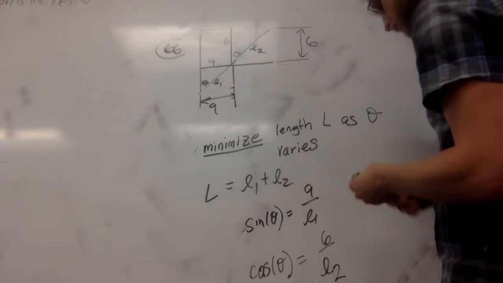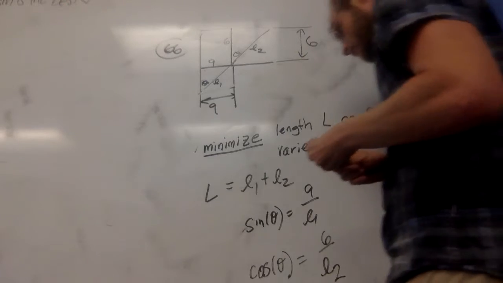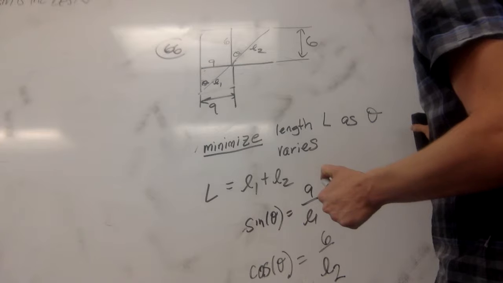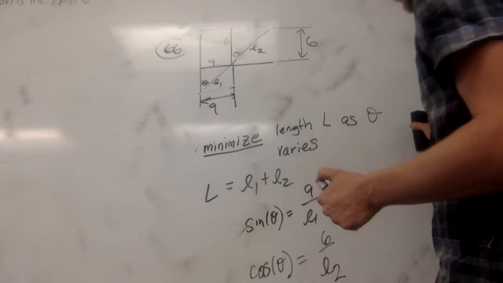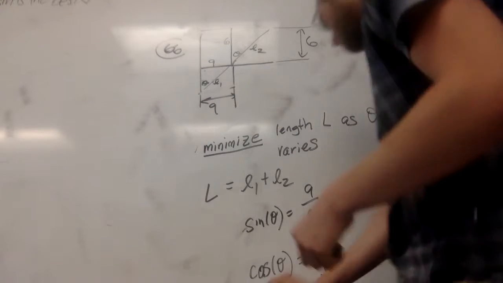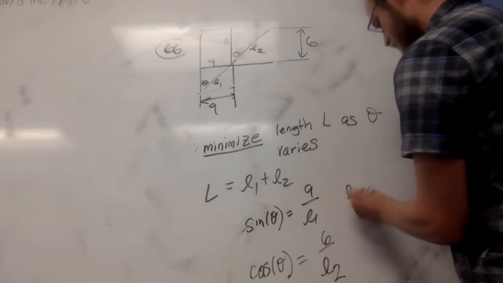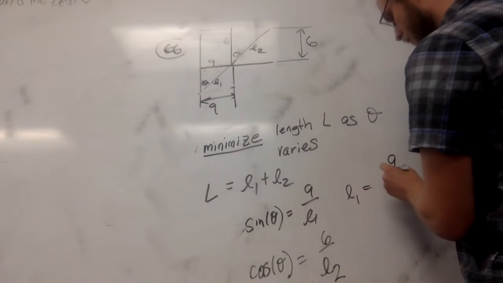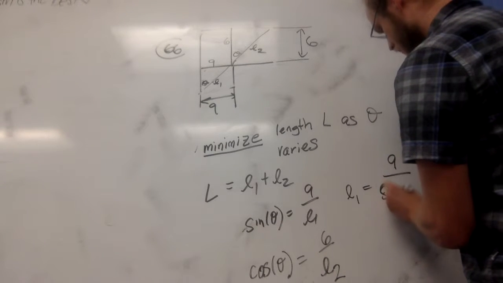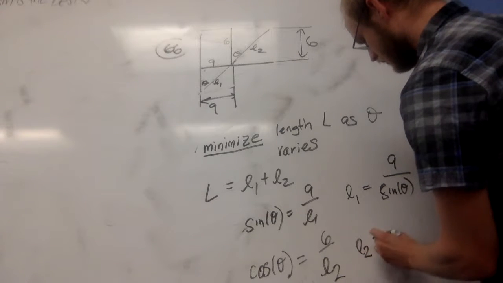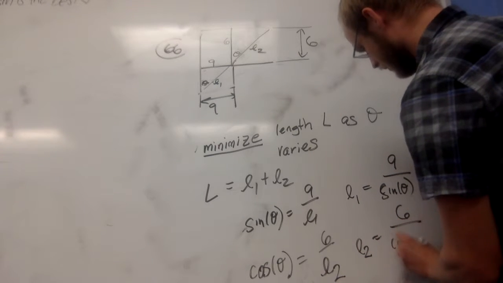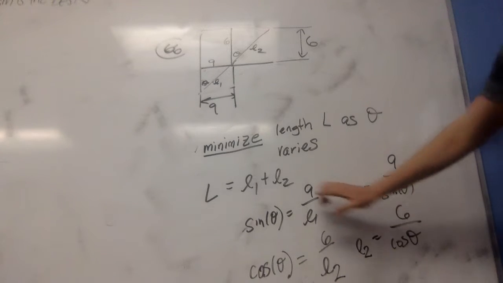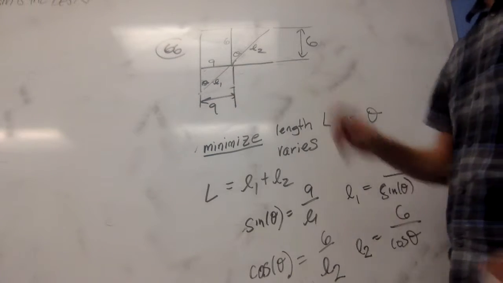So now we need to find an expression for this. So we need to solve for L1 and for L2 in here. So L1 is equal to 9, just flip the numerator and denominator here, 9 over sine theta, and L2 is equal to 6 over cosine theta. I believe that works. Now you have a setup because you know L1 and L2 in terms of your angle.